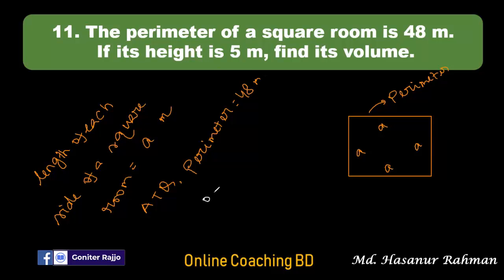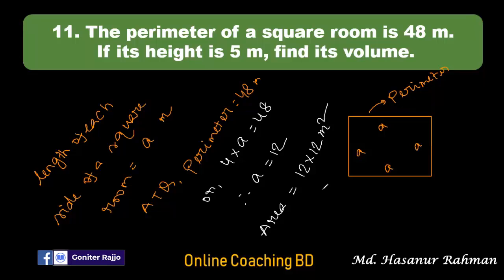So what does perimeter mean? Perimeter means the addition of each side. That means there are 4 sides. So we can say 4 multiplied by a equal to 48 meter. Therefore, a should be 12 meter. So what will be the area of this square? Area of this square will be 12 multiplied by 12 meter square. That is 144 square meter.